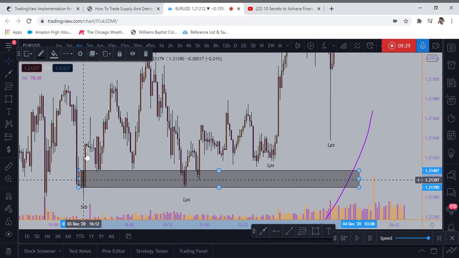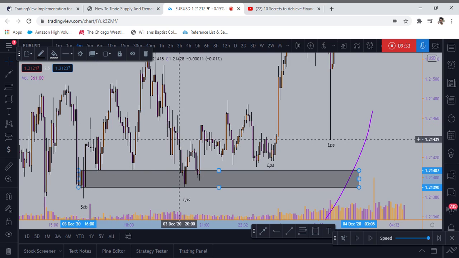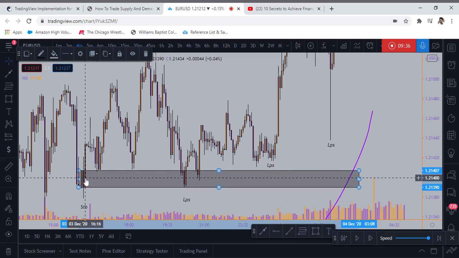You waited for price, as price took off, and you could have waited for the re-entry off of that buy limit right there. This bullish order block, aka the demand zone.